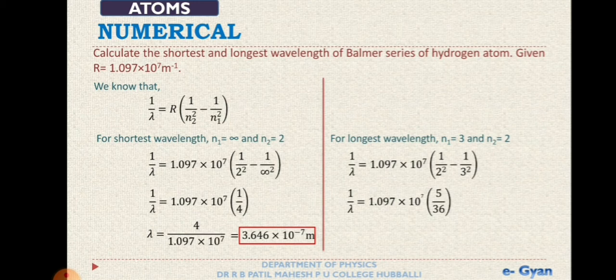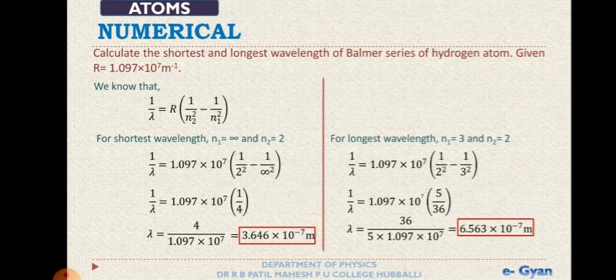On solving, we get 1 upon lambda is equal to 1.097 into 10 to the power of 7 into 5 by 36. Hence lambda, we get it as 6.563 into 10 to the power of minus 7 meters. So the longest wavelength is 6.563 into 10 to the power of minus 7 meters. And these two wavelengths are subjected to Bohr's series of hydrogen atom.